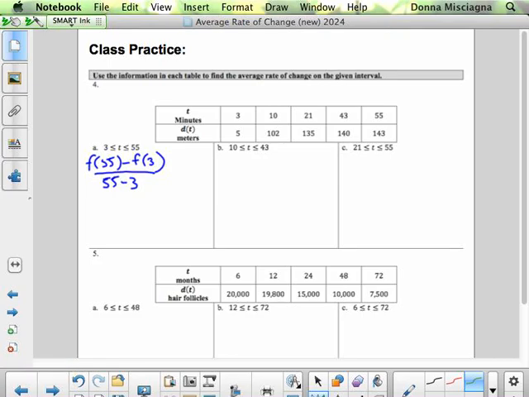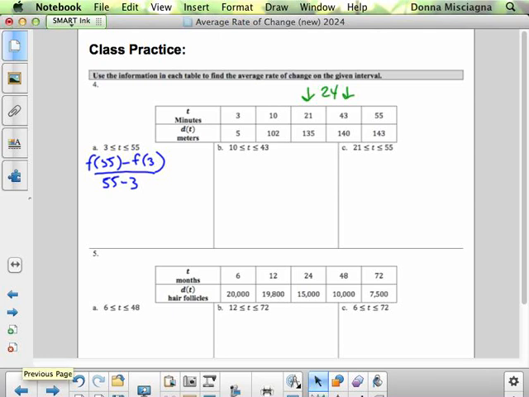I would choose 10 and 43 because they're much closer to 24, and I could use that to approximate the instantaneous rate of change at 24. Now, if I had even closer values, not those two, these two values.